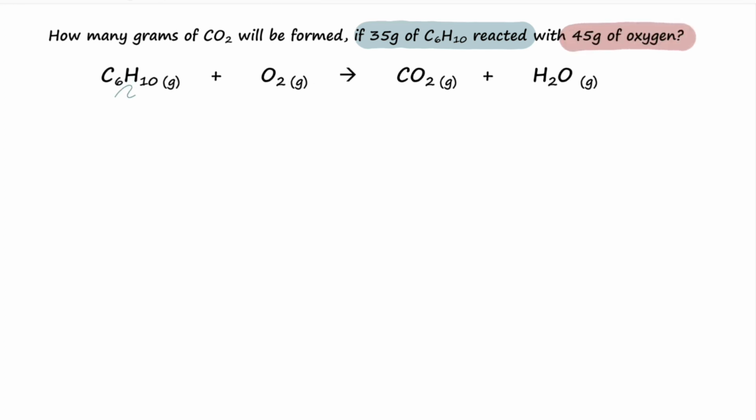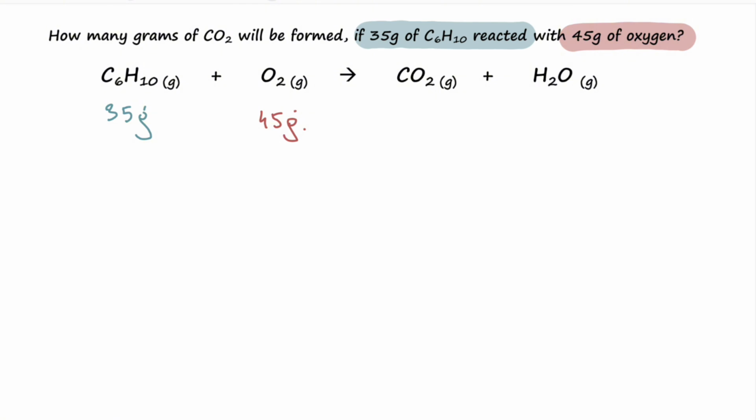So you have 35 grams here and 45 grams of oxygen. In this situation, guys, in order to find limiting and excess reagents, first of all, you need to start with balancing the equation. So it's a zero step, yeah? It's the same situation as in the previous example.